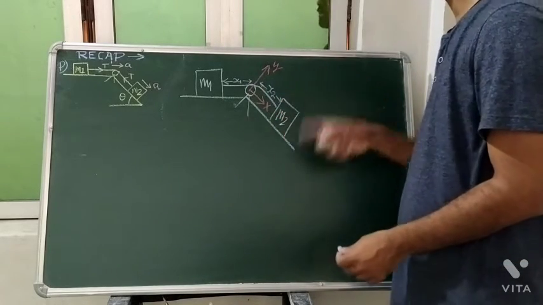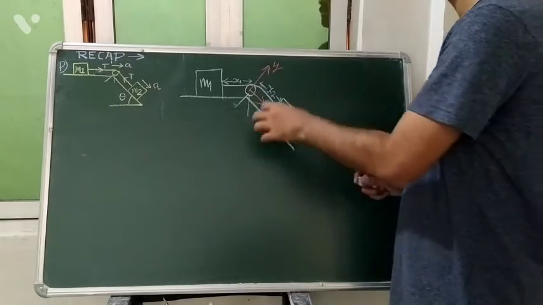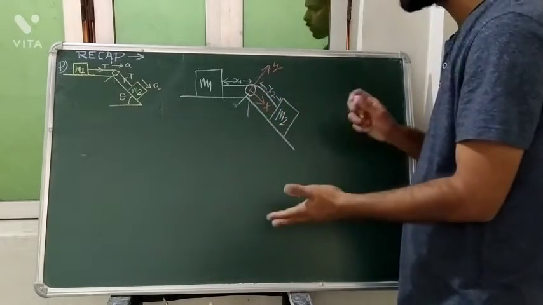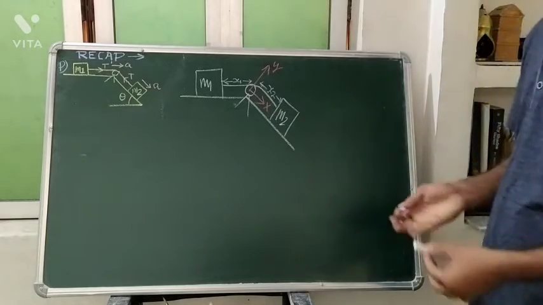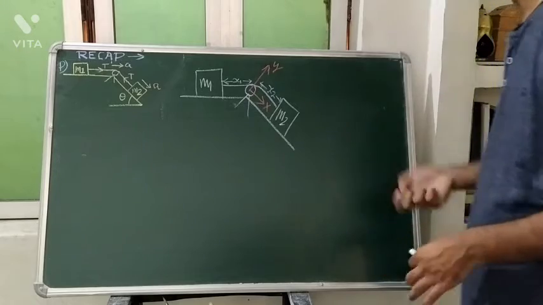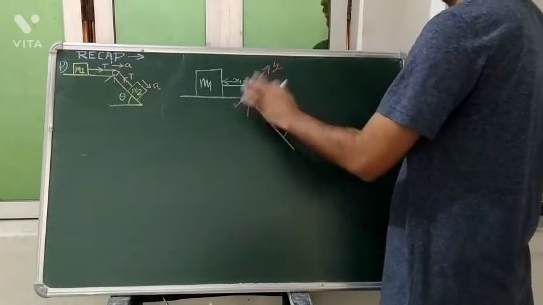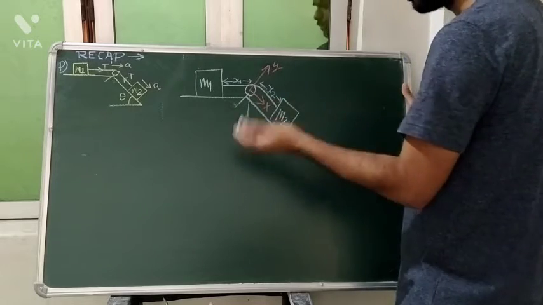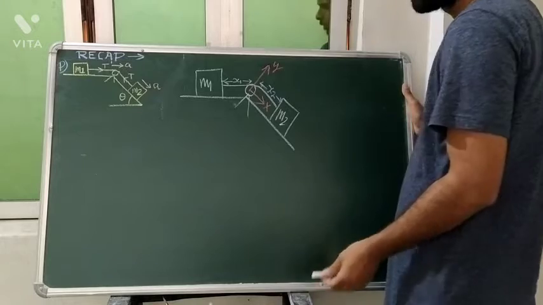Okay, and student, that datum you will always choose from a fixed point. It should be fixed, it should not move. We'll talk more about this, it will become clear to you. It is the first time, so it can be complicated, I think. So always remember, from a fixed point, the point which will not move, from that place I will choose a datum.